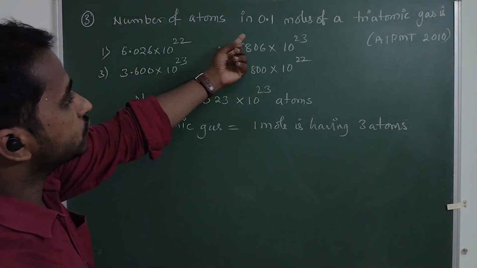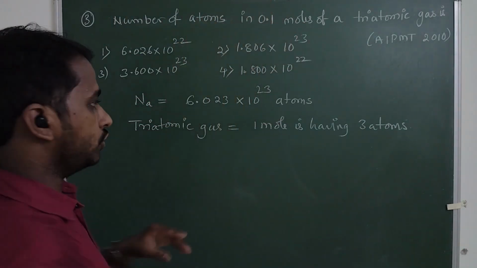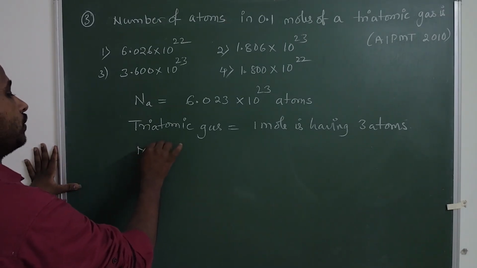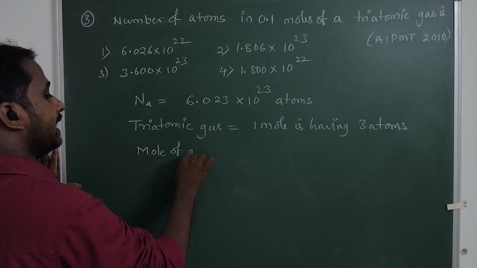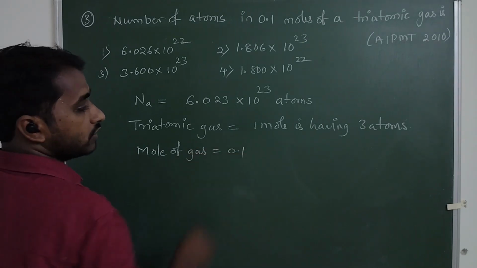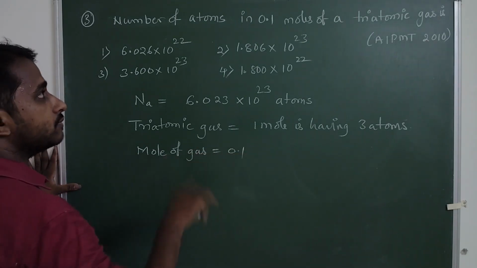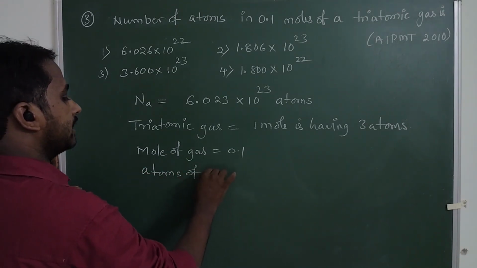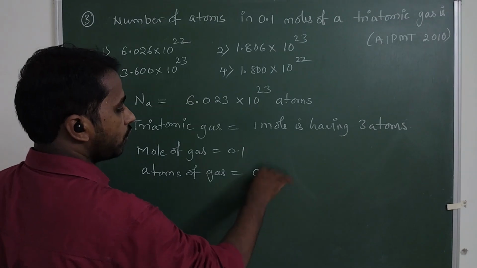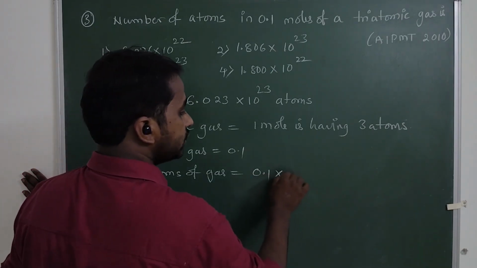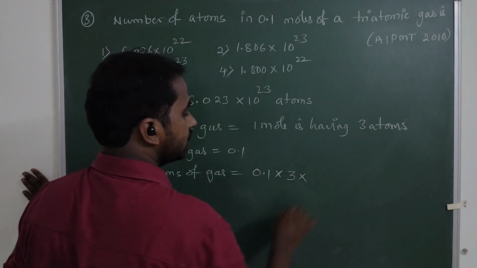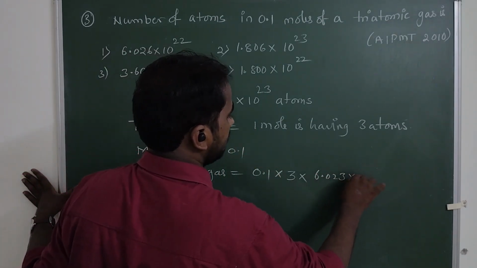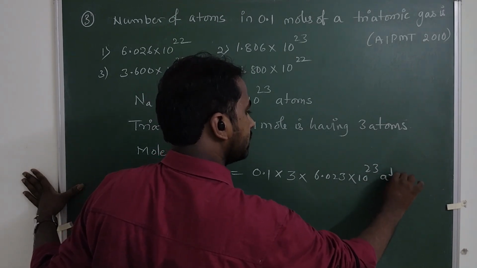But how many molecules do we have? 0.1 moles. So now I can write moles of gas is 0.1, which is given. Now atoms of gas is equal to 0.1 mole, and each molecule is having 3 atoms, and 1 mole is nothing but 6.023 into 10 power 23 atoms.